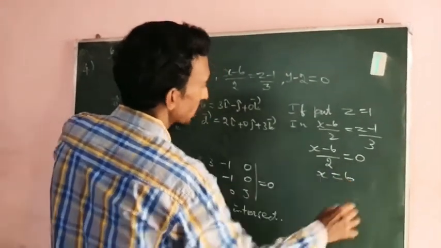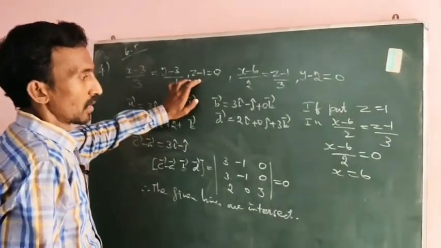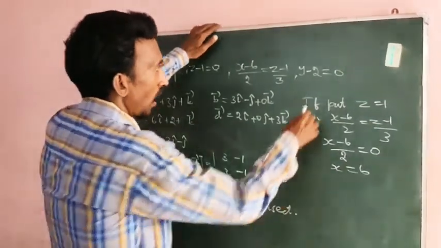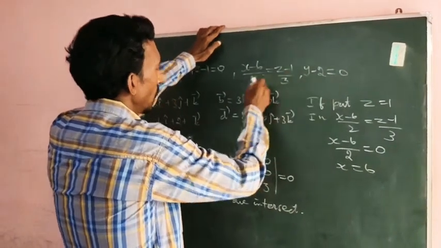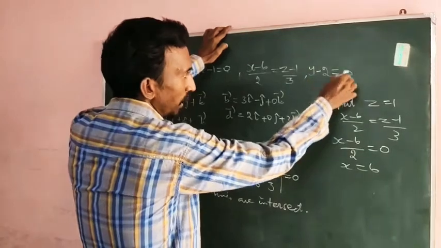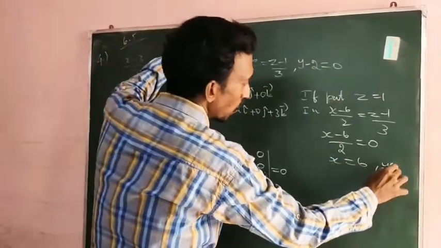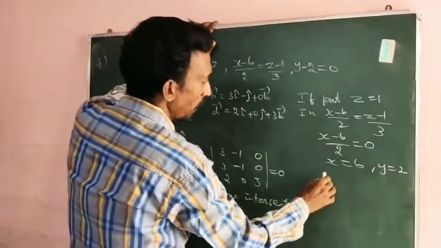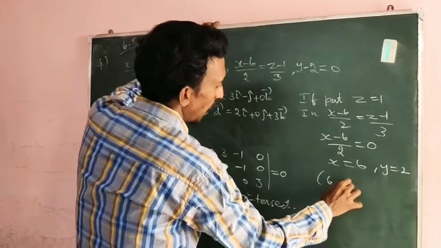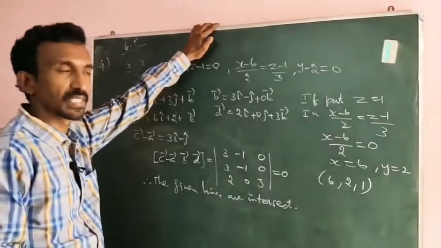So x equal to 6. So x equal to 6, y equal to 2 and z equal to 1. Y minus 2 equal to 0 means y equal to 2. Already z equal to 1. Therefore 6, 2, 1 is the point of intersection.